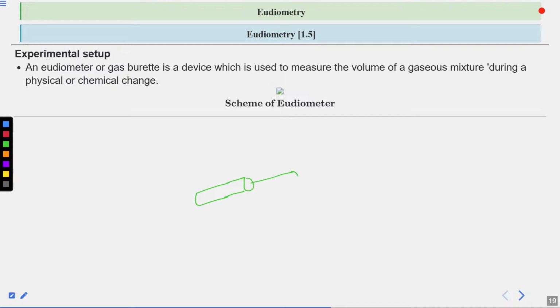This burette is attached to an adsorbent, and here we have a tube which is half filled. We start burning the component we are interested in. Now after burning, there will be accumulation of gas here. Now this gas will travel through this and go into this burette and be collected at the top.